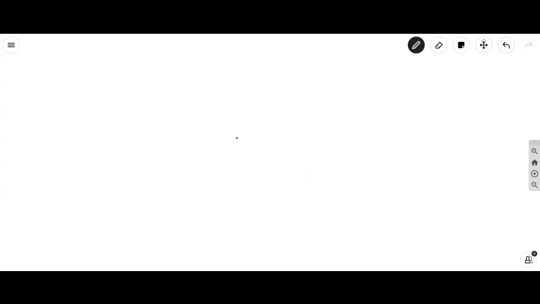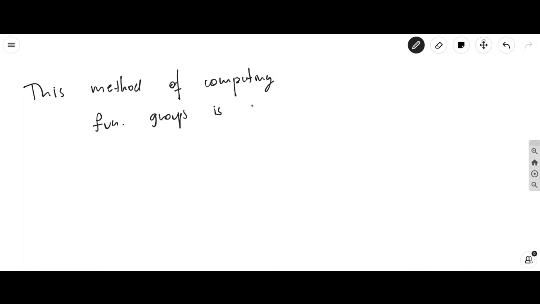But what I wanted to finish with is that this method of computing fundamental groups is limited.